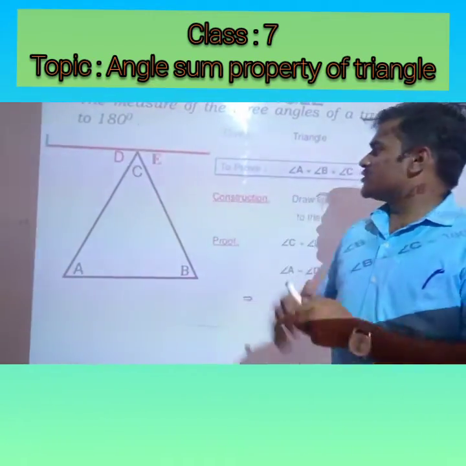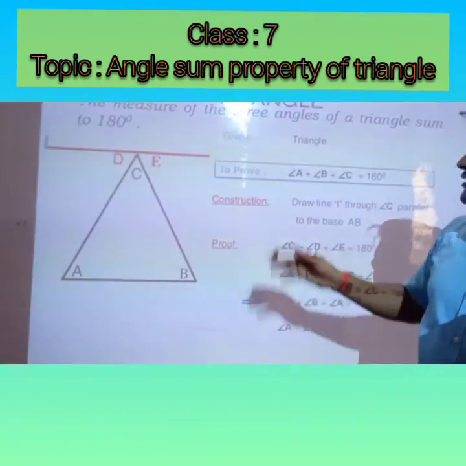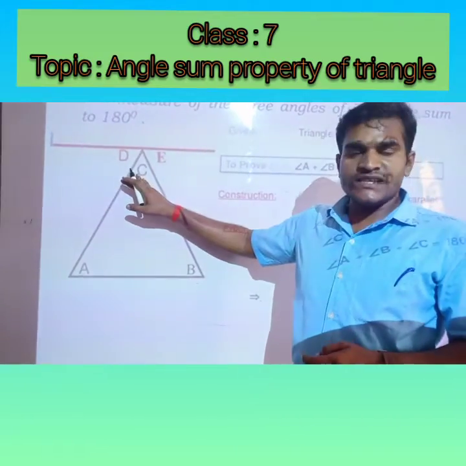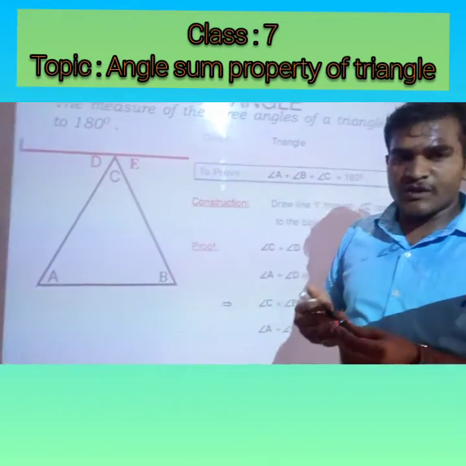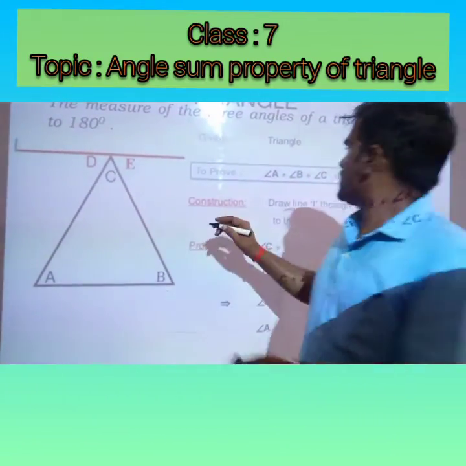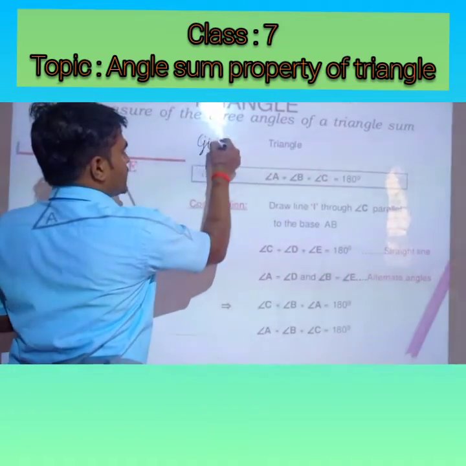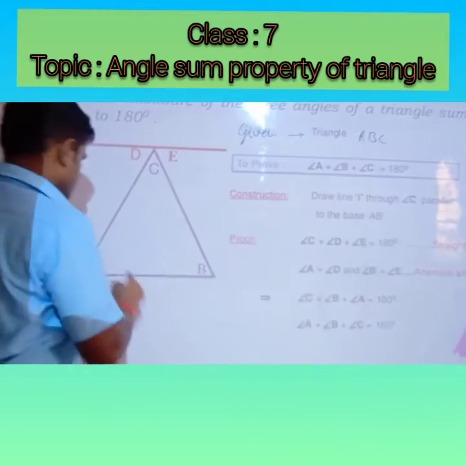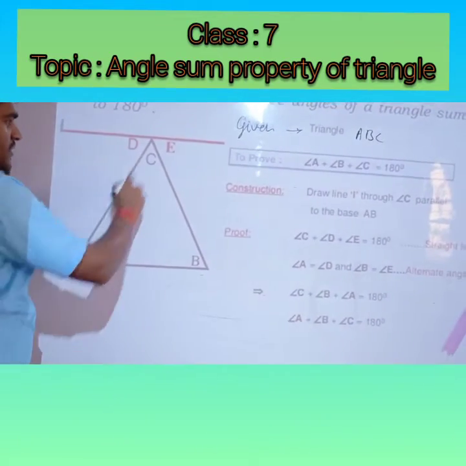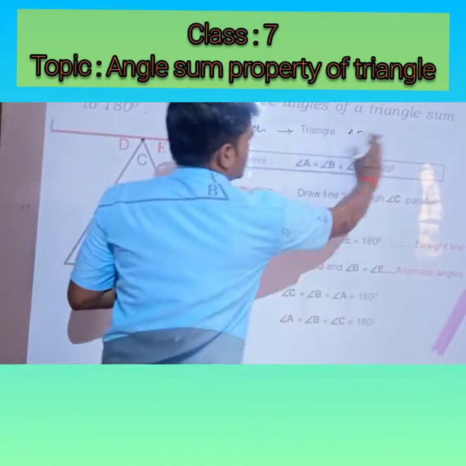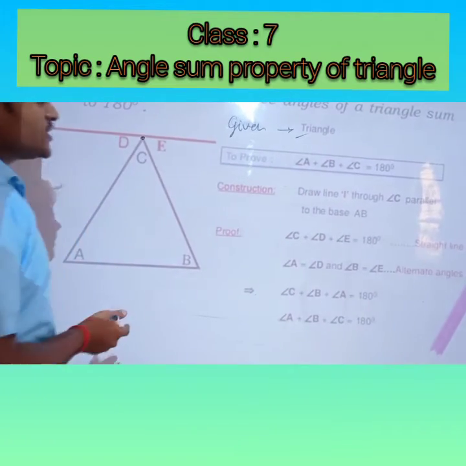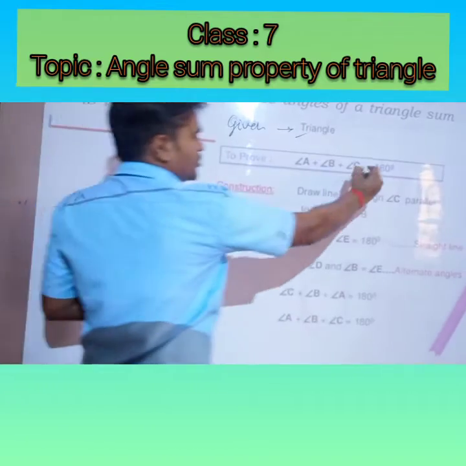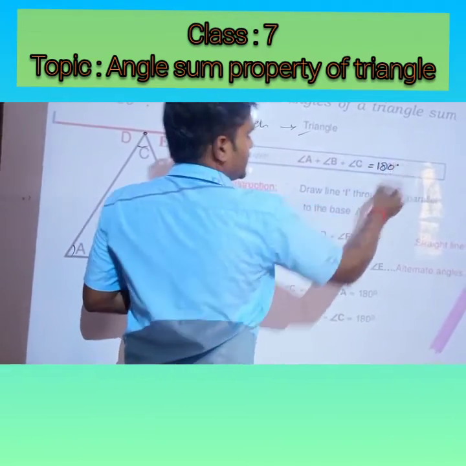Okay, so we have to prove that angle A plus angle B plus angle C is 180 degrees. Children, what is given here? Here a triangle ABC is given. Now we have to prove that angle A plus angle B plus angle C is equal to 180 degrees.